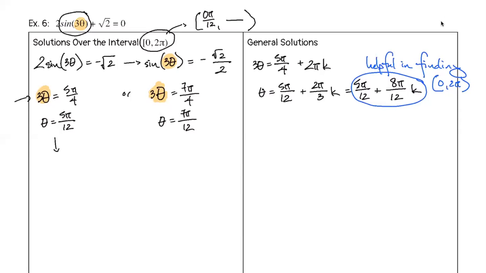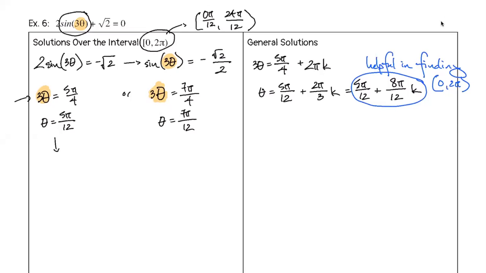Okay, so we're just trying to find a common denominator here. Yeah, I could write that as 24 pi over 12, okay? Now, why would we unreduce the fraction? Well, we can unreduce the fraction so we kind of know when to stop adding 8 pi over 12, okay?